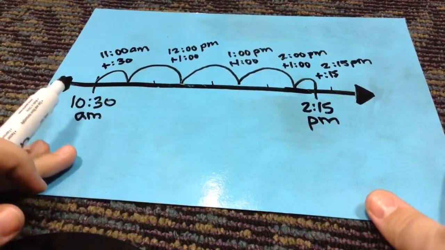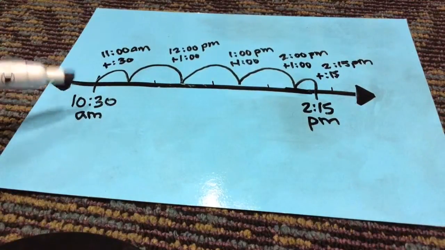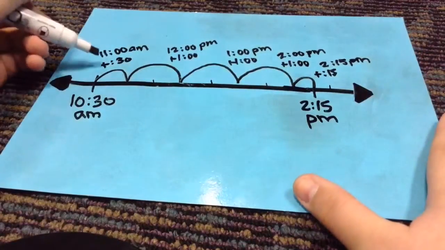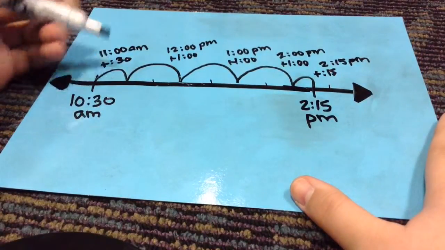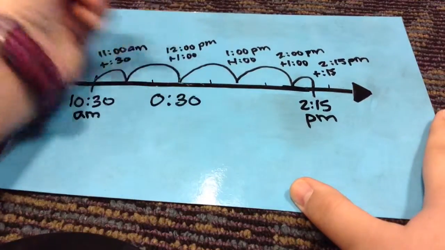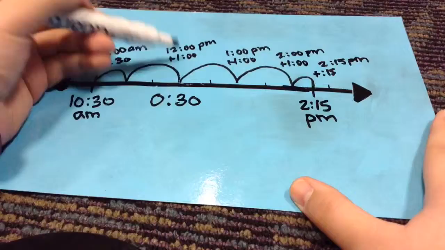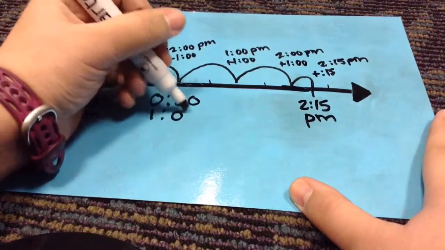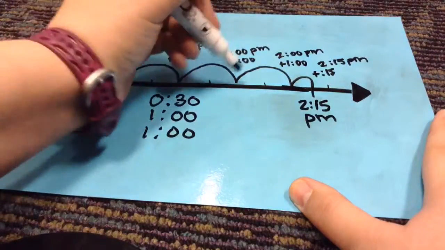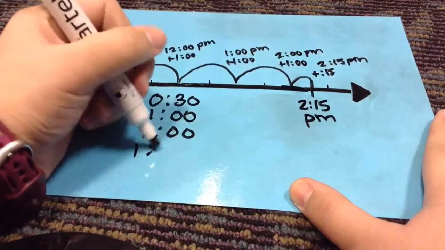Alright, so now to figure out how much time actually has elapsed from 10:30 to 2:15, we need to add up these numbers. So first, to get from 10:30 to 11, we had 30 minutes. And then to get to the next, we had an hour. We jumped another hour. We jumped another hour.